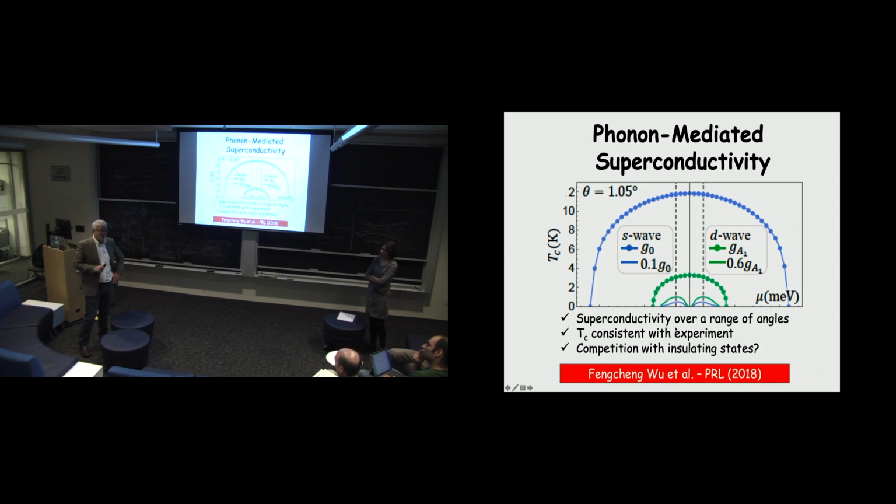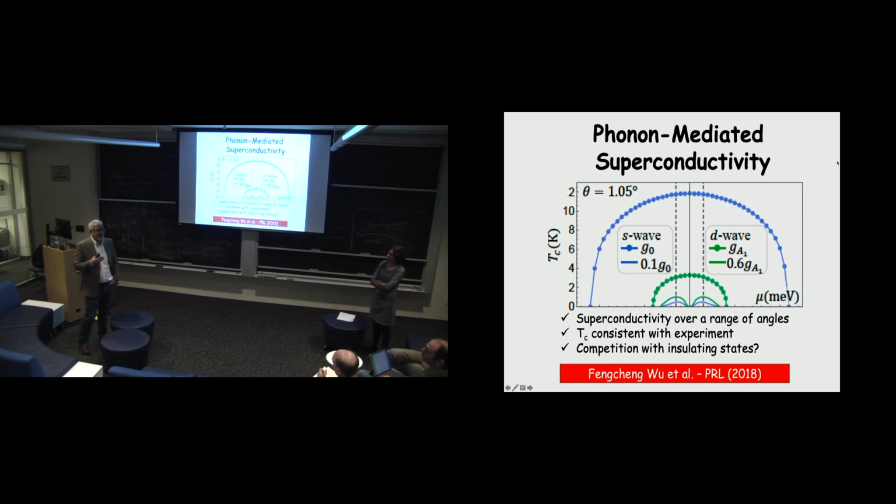Graphene also has, of course, very strong interactions between electrons and optical phonons. This is actually a theory we did, trying to understand what interaction of electrons and optical phonons, which are very well understood in these materials, would predict for superconductivity. One of the interesting things is that the normal inequality that we know about phonon-mediated superconductivity, that the phonons are slow compared to the electrons, is flipped here.